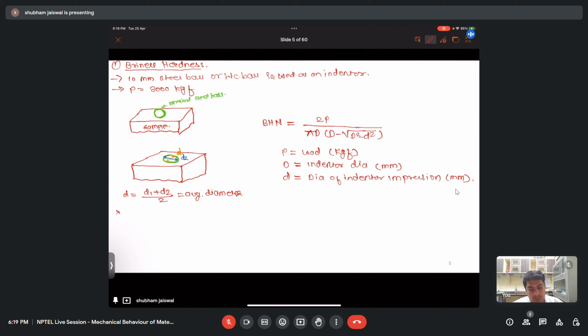Let me write down that point as well for your better understanding. So, not reliable at high hardness value, that is greater than 400. And it is also not suitable for very thin samples. Why? Because this indenter will produce a larger impression.